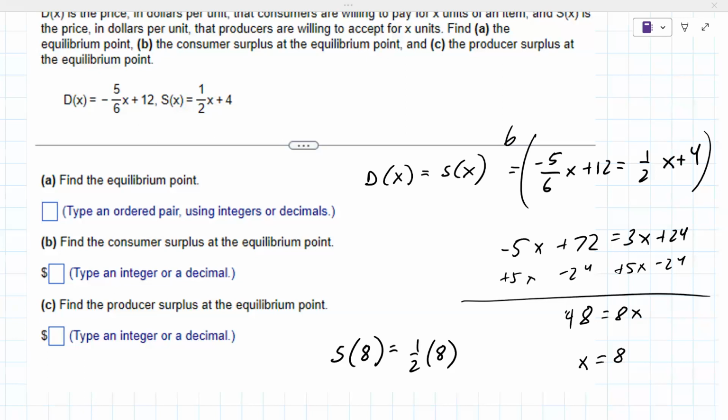Minus 5/6 x plus 12, and the other one is 1/2 x plus 4. You're literally just finding the intersection between the two. Okay, so I just divided wrong. That's 6. So now it does work. 6 plus 4 is 7, so your ordered pair here is (6, 7).